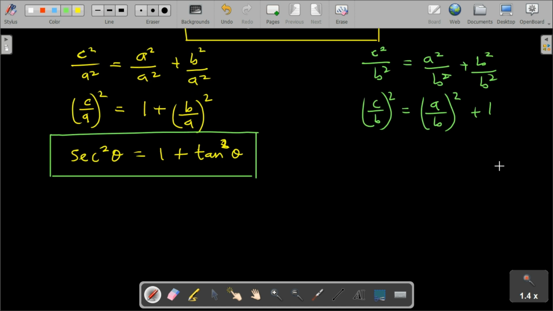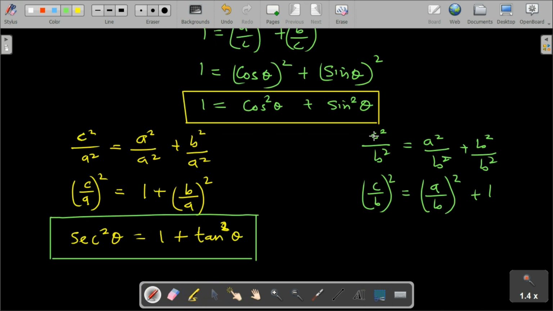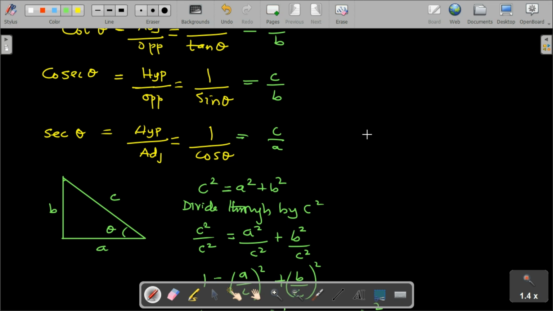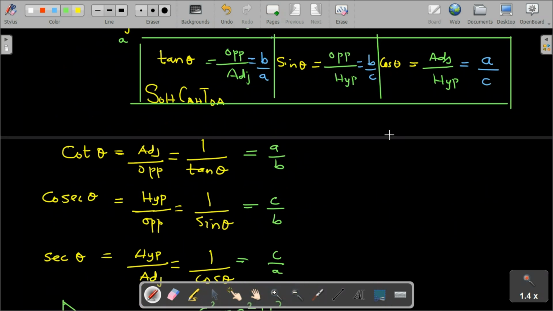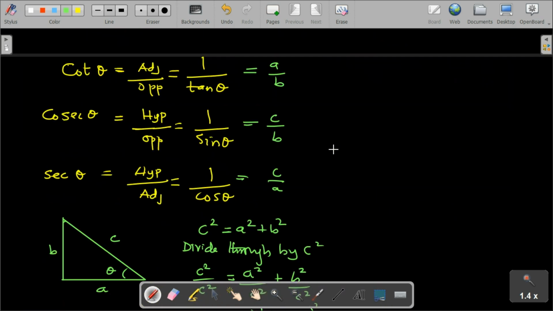Okay, rearranging this, C over B has also been previously established. Our C over B is cosec theta. So here we're going to have cosec square theta equals, and our A over B has also been obtained as cot theta.